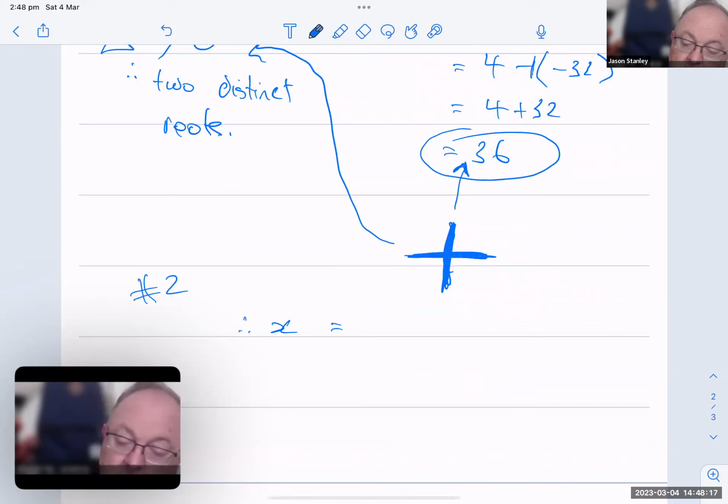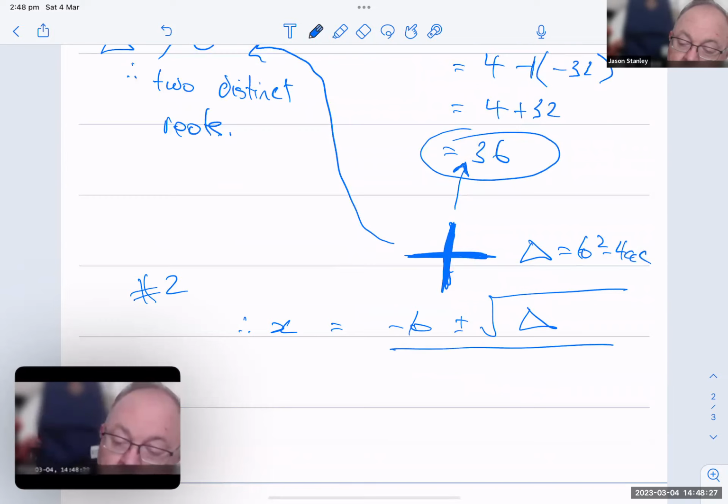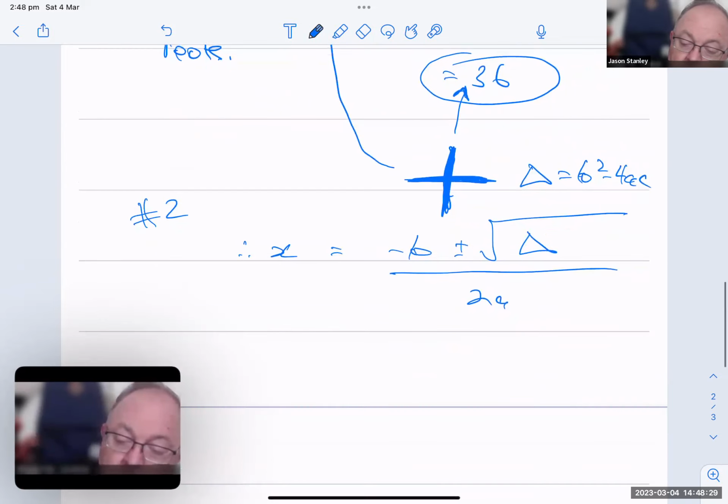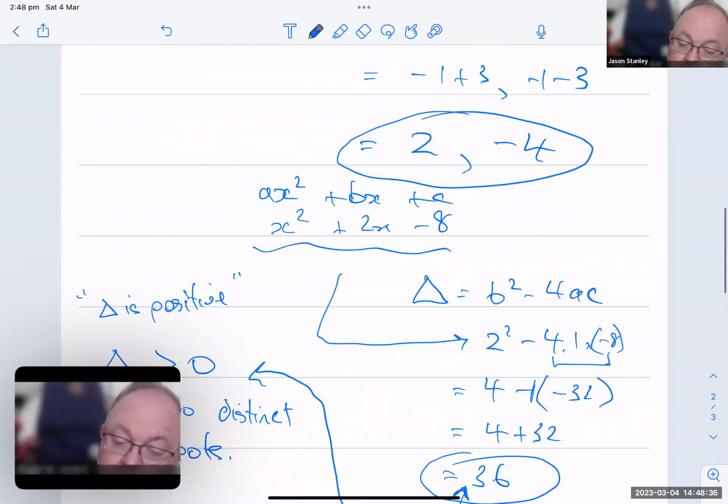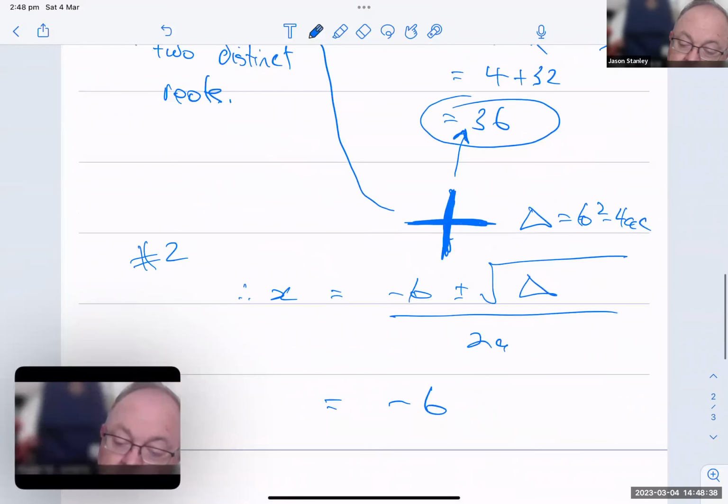I can say that minus b plus or minus the square root of delta, which is b squared minus 4ac, over 2a. So if I populate those values, b was 2.